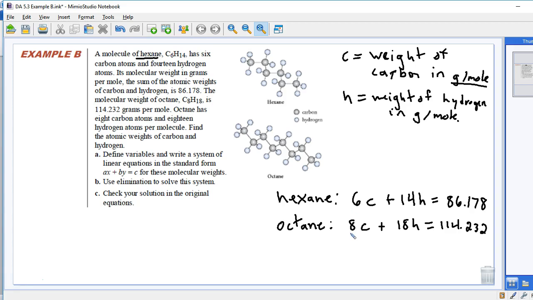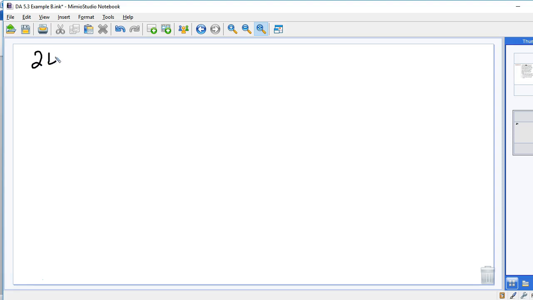What number do both 6 and 8 go into? Both go into 24, so I'm looking to write 24 C's for both of them.